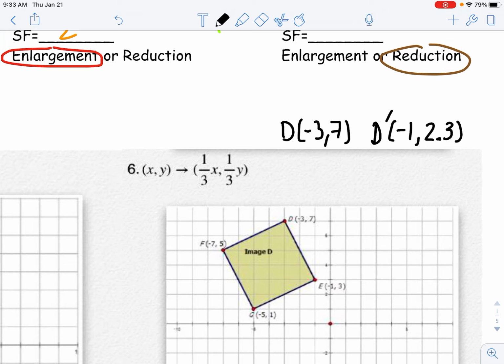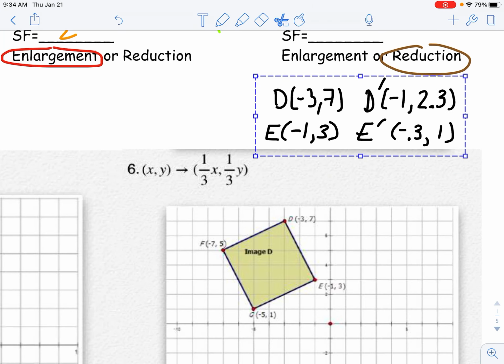I'm just going to estimate a little bit because we're doing it in a coordinate plane. We're not going to necessarily be able to be perfectly on each one. E prime is going to be -0.3, or -1/3, 1. Thing I like about Notability is I can reorganize my work easy.